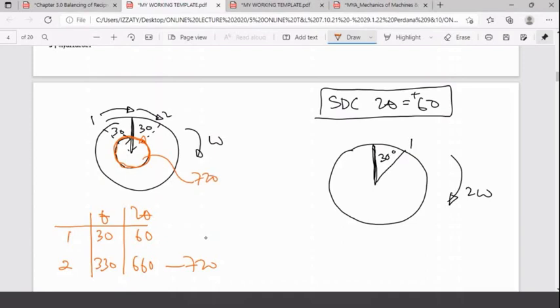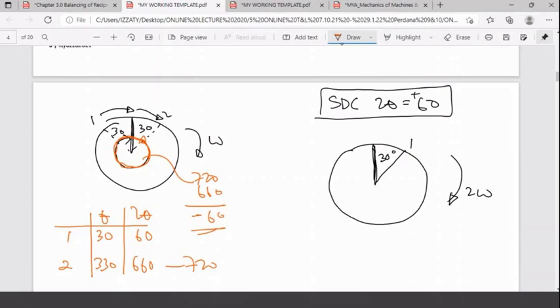720 minus what you need, only 660, right? Minus 660, it becomes 60 degrees negative, isn't it? So here is the 60 degrees. Sorry, class, not that.